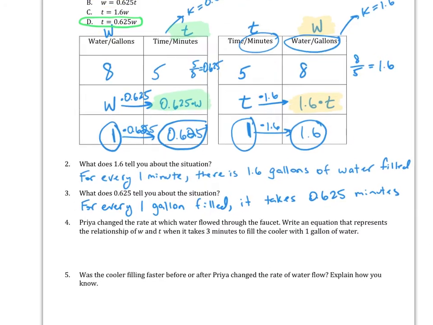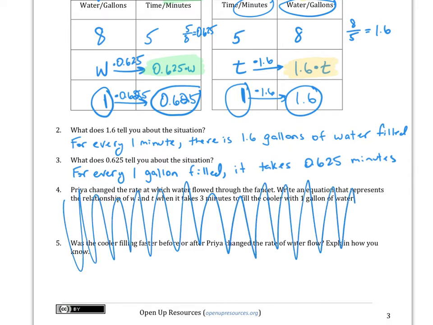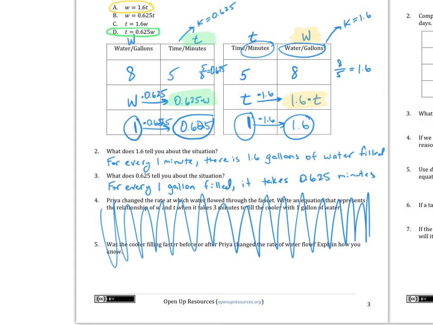All right, we're going to skip the last 2 questions and just digest this situation. In the previous activity, we talked about when you go from one to the other and then go back, the constants of proportionality are reciprocals.